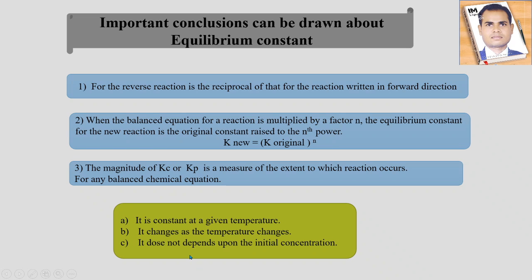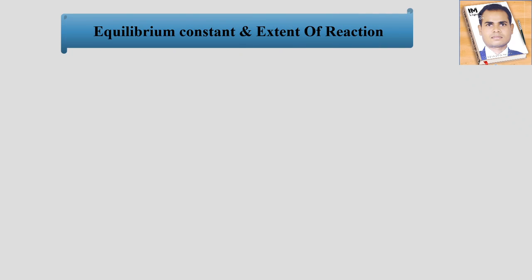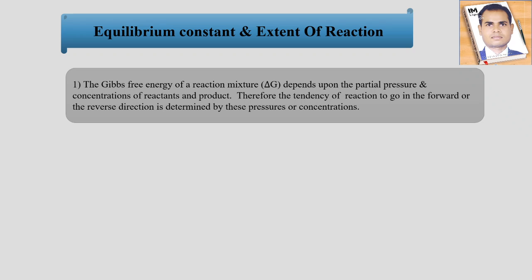Now we have to see the next topic, that is equilibrium constant and extent of reaction. The Gibbs free energy of the reaction mixture, denoted by delta G, depends upon the partial pressure and concentration of reactant and product.